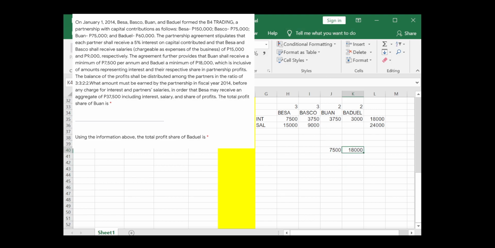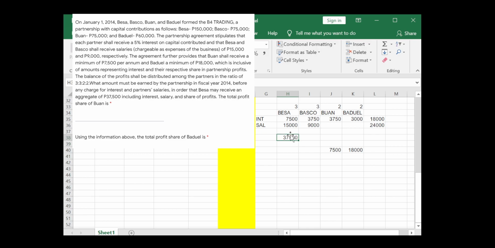Okay? And then, sabi ng problem, in order that BESA may receive an aggregate of 37,500 including interest, salary, and share in profits. Okay, si BESA daw makakatanggap dapat ng 37,500.